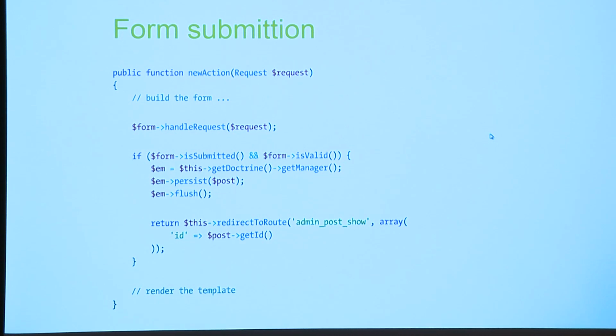Yep. So that if you want very specific error handling, you can have a different page when the form is submitted but the data is not valid, or when the form is just not submitted. If you want, that's why we have two separate checks.